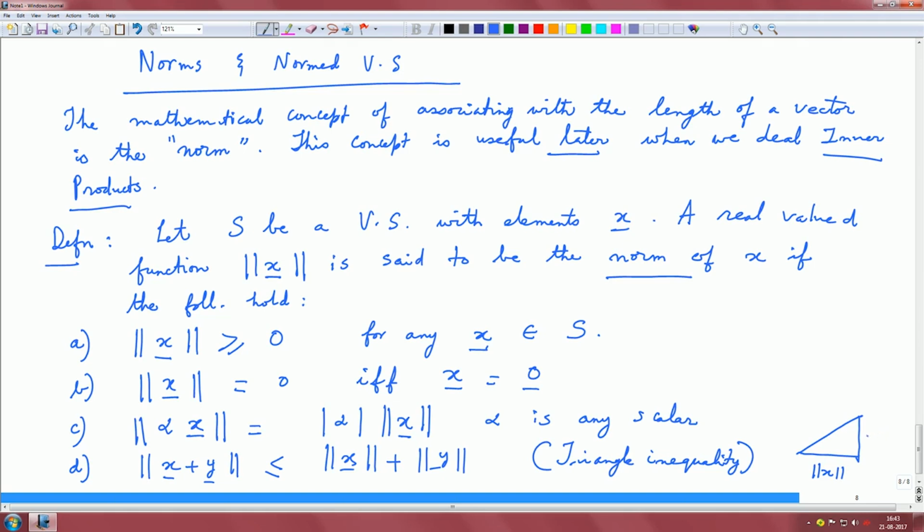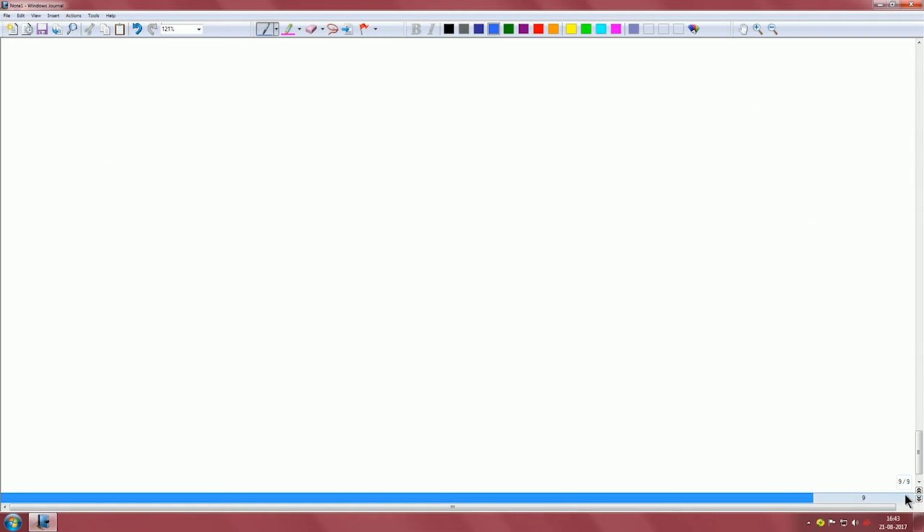This is length x, length y, this is length x plus y. There are some interesting properties one can prove, and we will do this as part of homeworks: the parallelogram property, Apollonius theorem, etc., that you have studied in high school, can be applied here for vectors. So we will see this through homeworks.